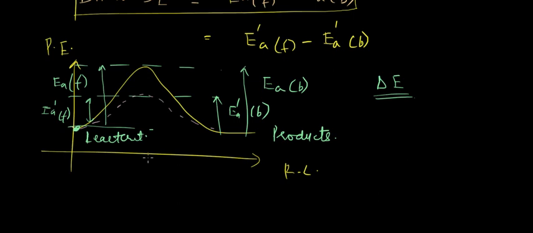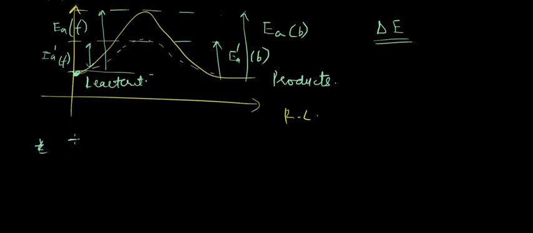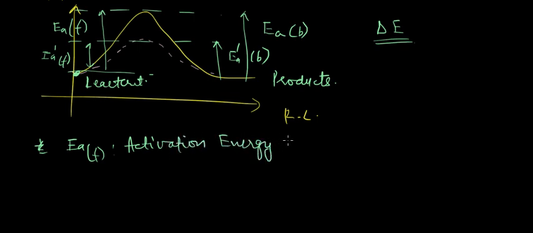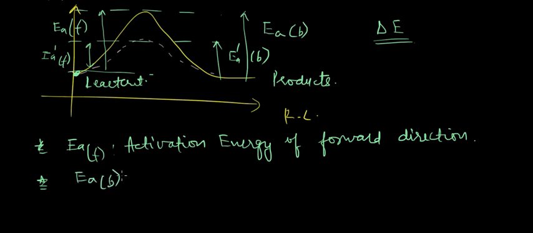For documentation purposes, I'm writing that EAF is the activation energy of the forward direction and EAB is the activation energy of the backward direction.